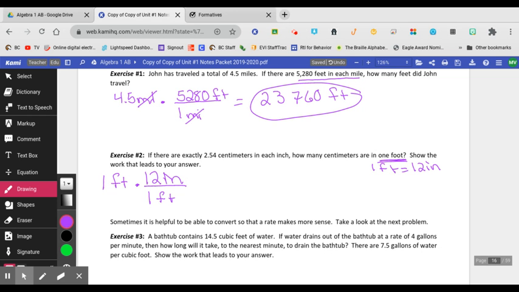The feet go in the denominator so that I can divide those out. Now I have 12 inches, and then I know that there are 2.54 centimeters in an inch. Since inches is in my numerator, I want inches in my denominator when I multiply, and 2.54 centimeters in my numerator. The inches divide out. I multiply 12 times 2.54, and it's 30.48 centimeters.